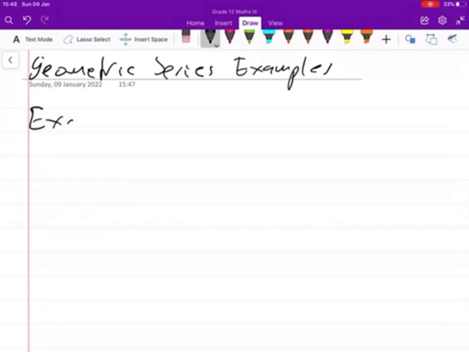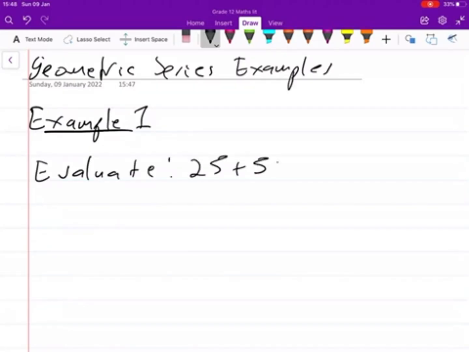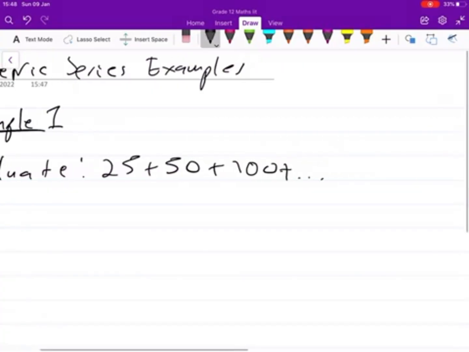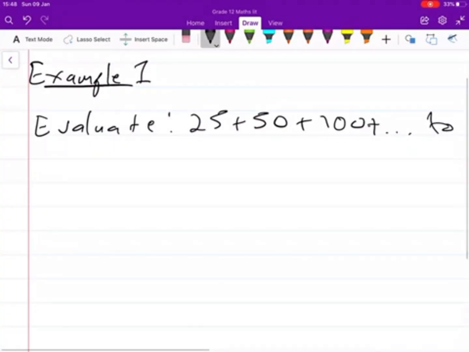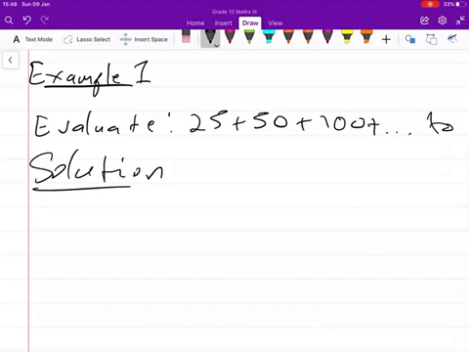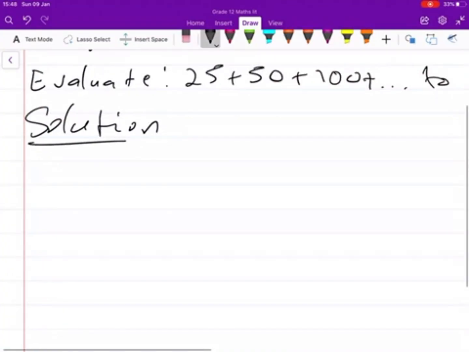I will give you the first example. Example 1. We will say evaluate 25 plus 50 plus 100, and we will say plus dot dot dot to 6 terms. First question is, what type of sequence is this? Well, 50 divided by 25 is 2, 100 divided by 50 is 2, so this is a geometric sequence. You must first establish what type of sequence you are dealing with.